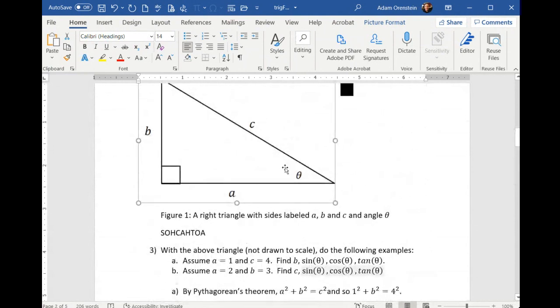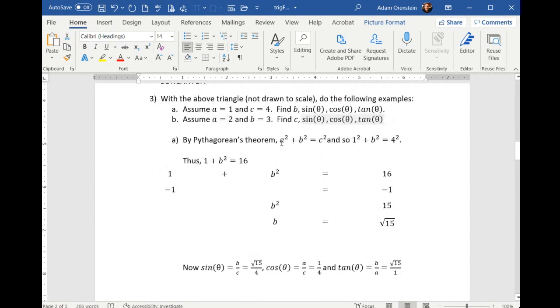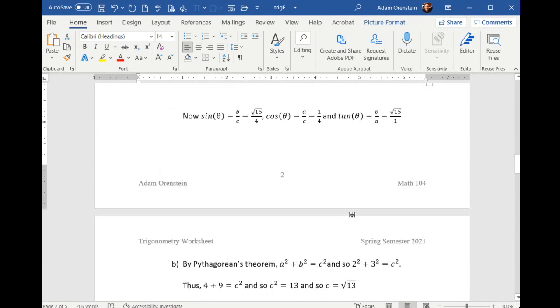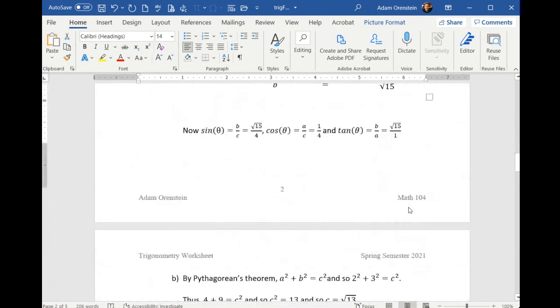Cosine, as before, is the adjacent side over C, right? Adjacent, that's the side next to it. That's down here, A. So cosine of theta is A over C. So in this case, A is 2. C we calculated to be the square root of 13. So cosine is 2 over radical 13. Oh, I thought I made a mistake.